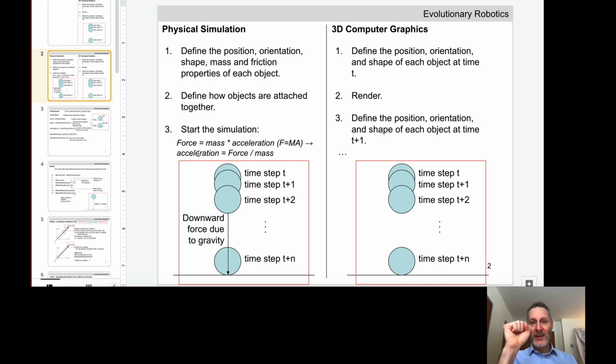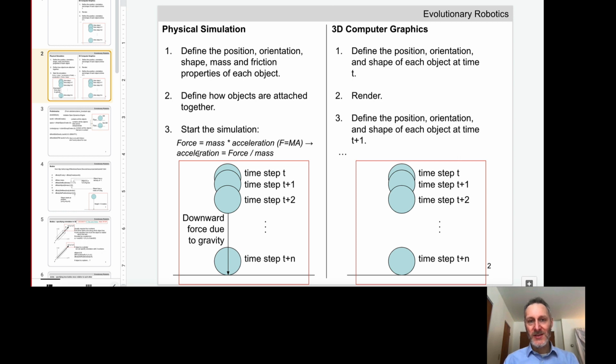And there is also angular acceleration, the rate at which something is changing around the x-axis, y-axis, and z-axis. So again, it's not shown on this slide here, but there are a bunch of different kinds of accelerations that are acting on each object, and those accelerations allow the physics engine to compute the new position and the new orientation of every object at every time step.